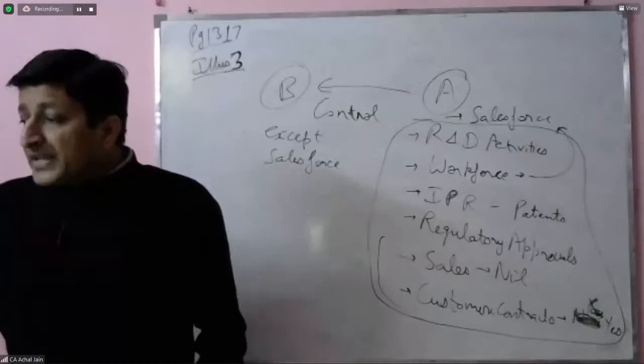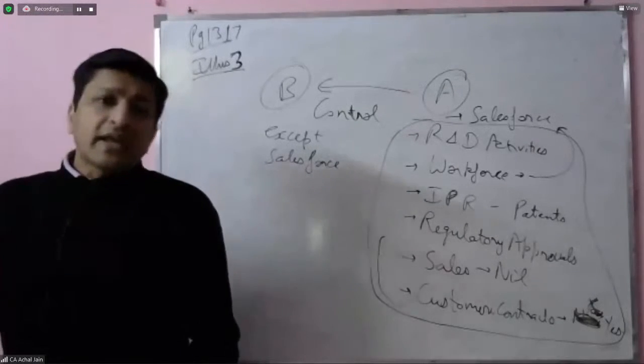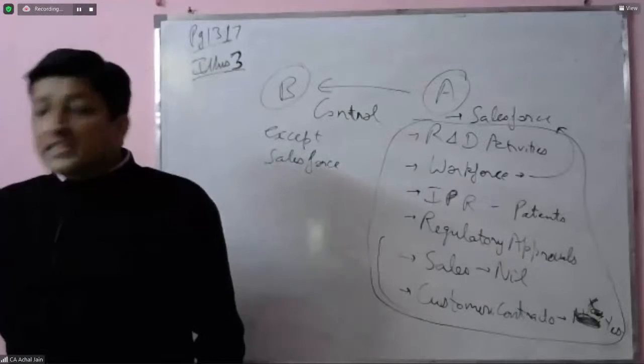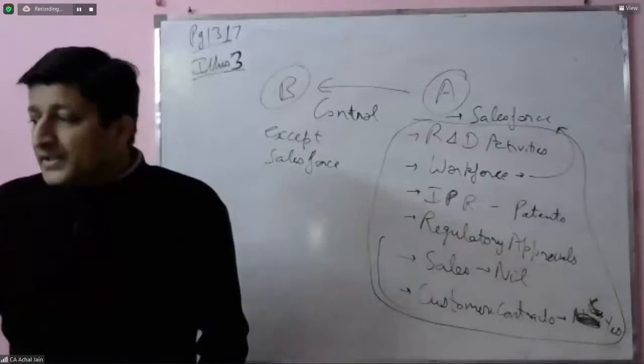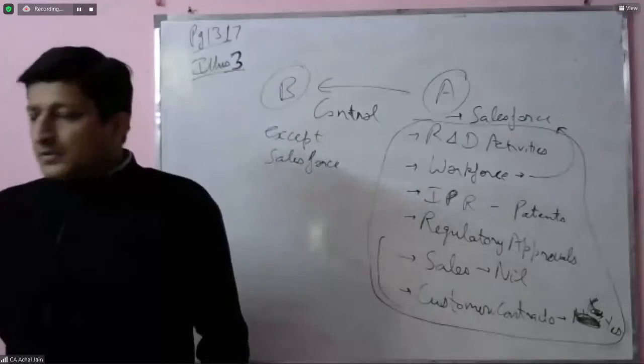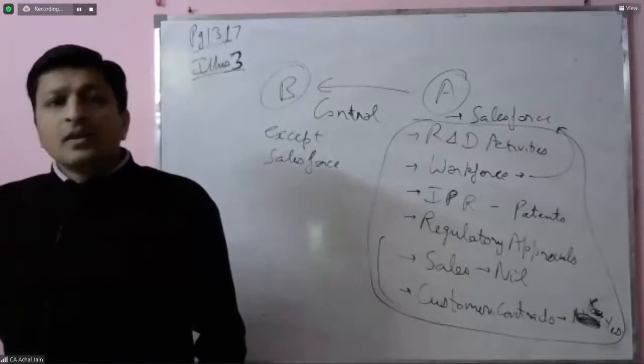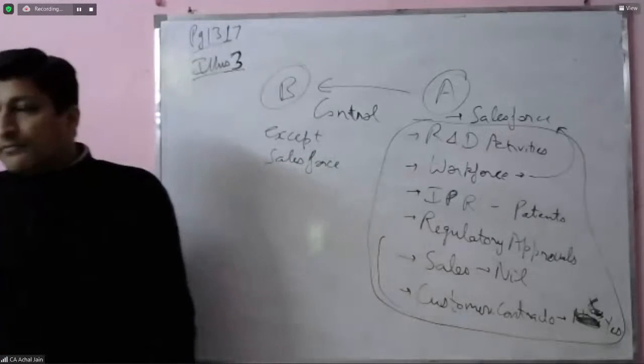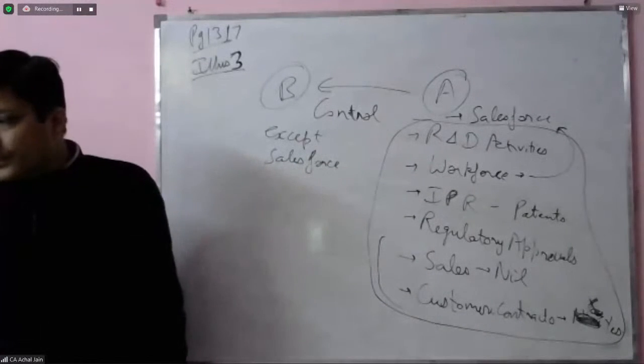Further, if B is also into a similar line of business, then the existing sales force of B may also be relevant to mitigate the missing input. Therefore, this will meet the criteria of Ind AS 103.